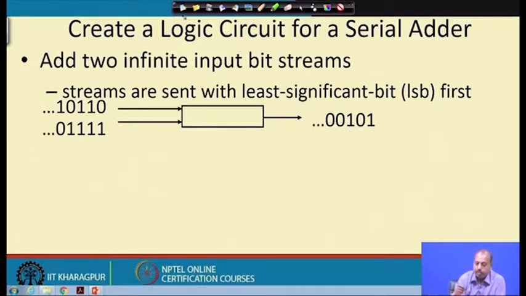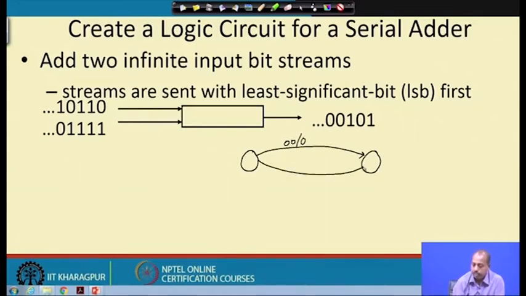Actually, we need to distinguish between the two cases. In one case the carry is generated and in the other case the carry is not generated. So, from this I can say if it is 0 0, the output should be 0 and it goes to this state. If it is 0 1 or 1 0, in those cases the output should be equal to 1 and it goes to that state.